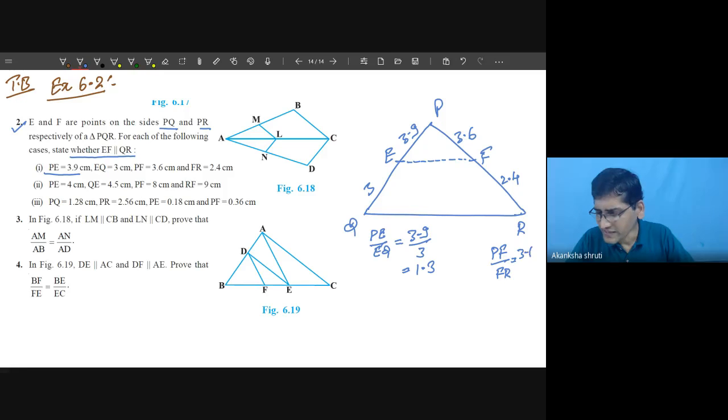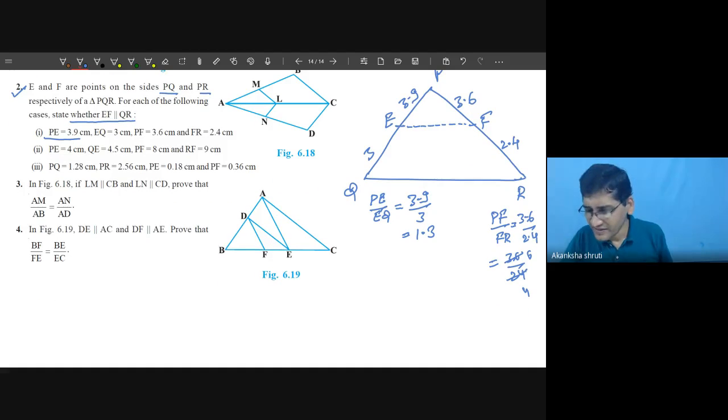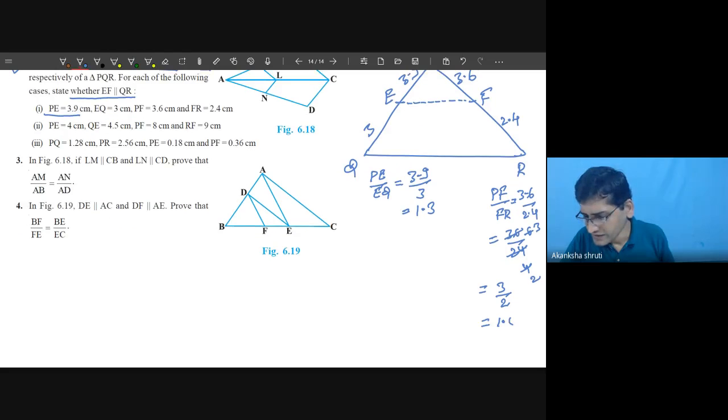Take 3.6 by 2.4. The decimal can be removed, so it's simply 36 by 24. 6 fours, 6 sixes, or even 8 is also common. So 2 and 3, it is 3 by 2, which is 1.5.